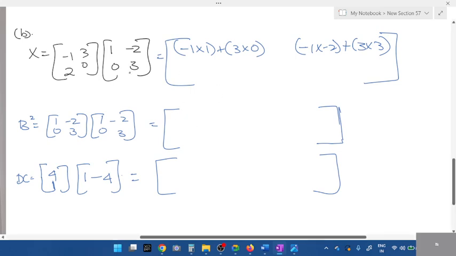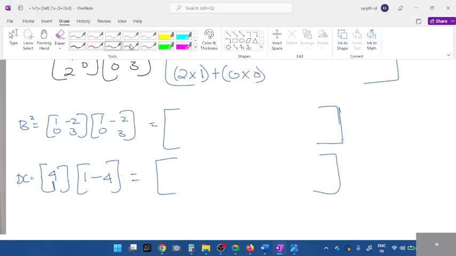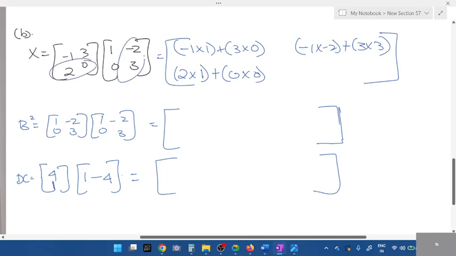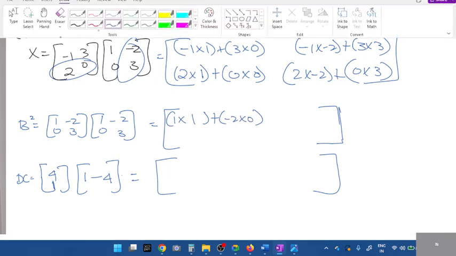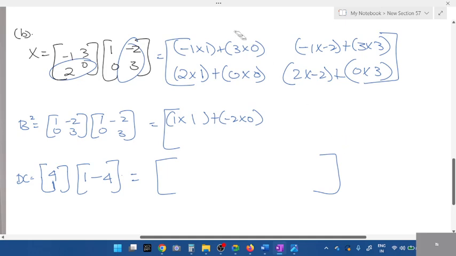Next. 2 into 1 plus 0 into 0. I'll only show it, students. Look at the screen. You can do it later. No time. Second row, second column: 2 into minus 2 plus 0 into 3. Now tell me the next one, all of you. 1 into 1 plus minus 2 into 0.